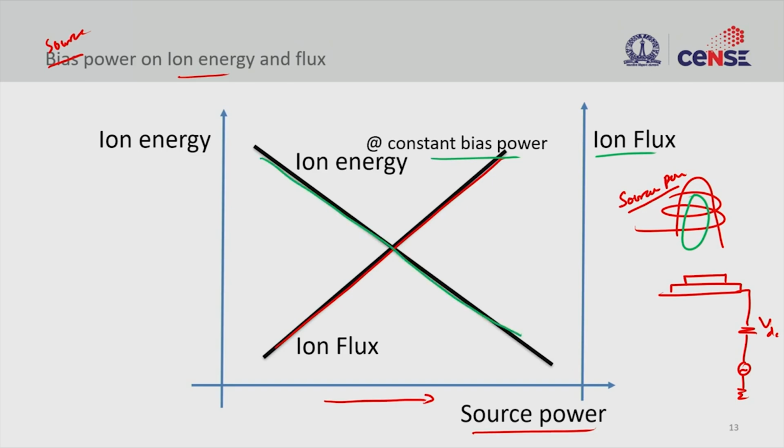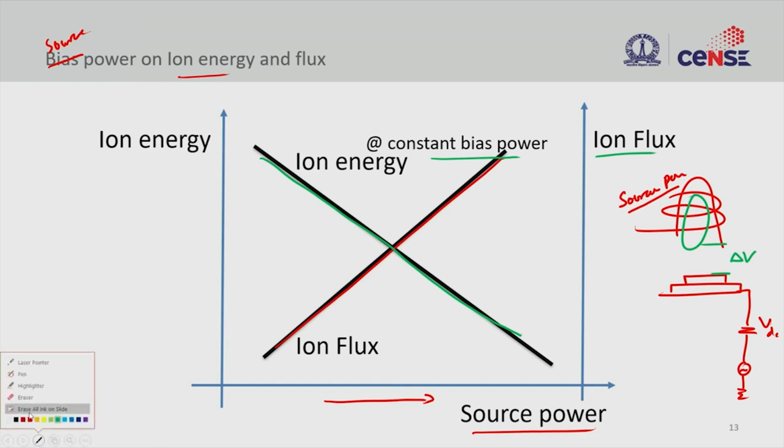Why is that? The reason for reduction in ion energy has to do with the potential difference between your plasma and VDC, your wafer and your plasma. Your energy depends on the potential difference between the plasma and your wafer. Initially the plasma was at a slightly lower potential, but now I am energizing it by increasing the source power.